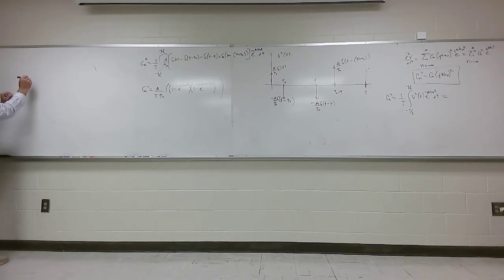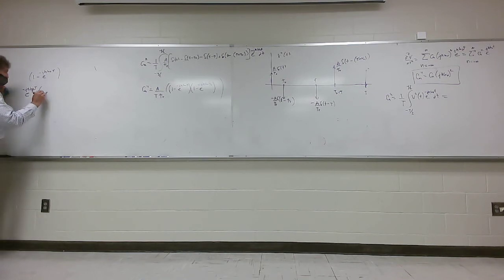You see how I have 1 minus e to the minus j n omega naught tau? Right? I'm going to factor something out of there. I'm going to factor an e to the minus j n omega naught tau over 2 out of there.